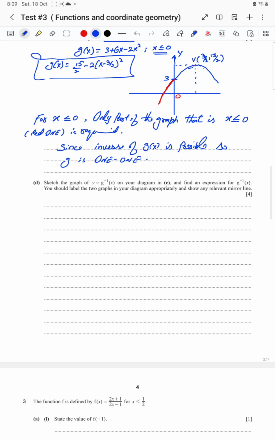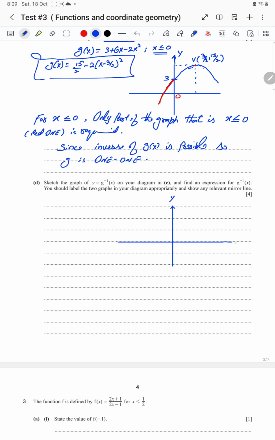Okay, we still have the D part. Interesting. Now it says to sketch the graph of y equal to g of x and y equal to g inverse of x on your diagram in C. We need to sketch this. This is the y-axis. This is a 4 marks question.